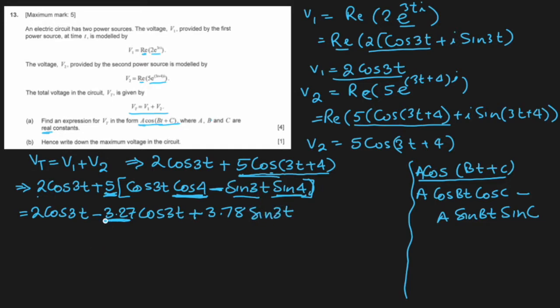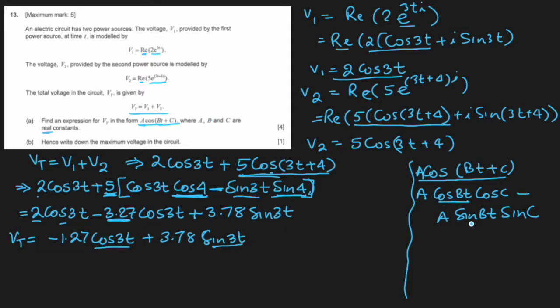I hope you understand. So now this comes out to be 2 minus 3.27, because both of them have cos 3t. So we can write negative 1.27 cos 3t. Both of them become this. This is Vt we are working on. And plus 3.78 sine 3t. Now we can compare with this, cos bt, right?